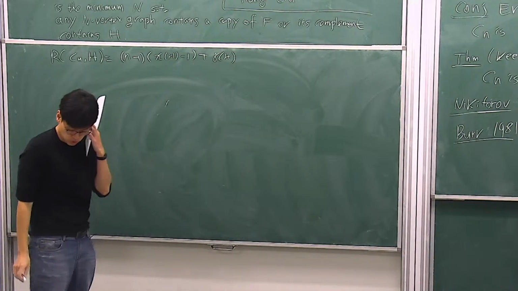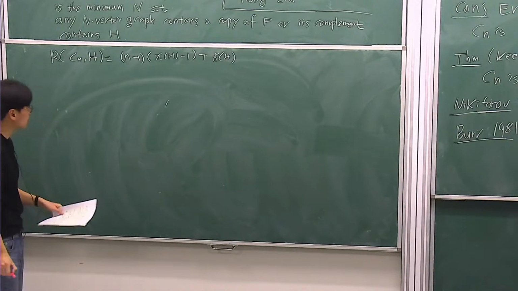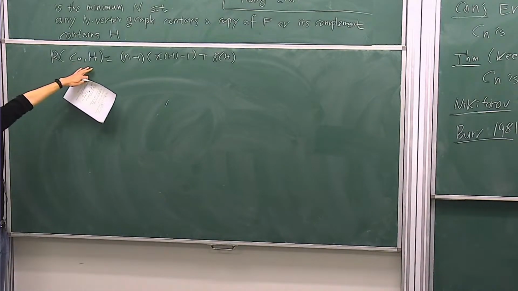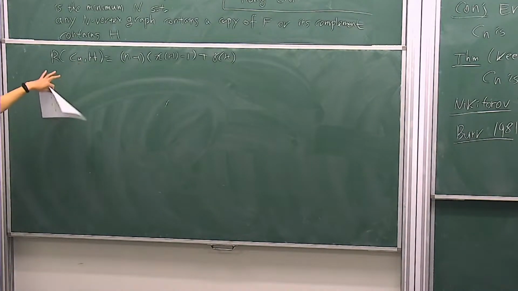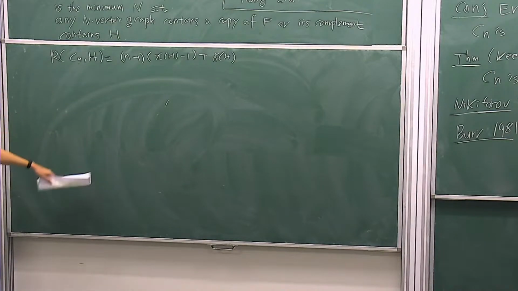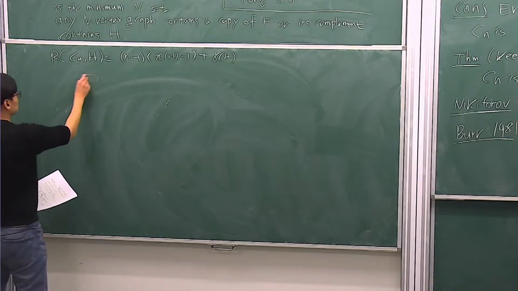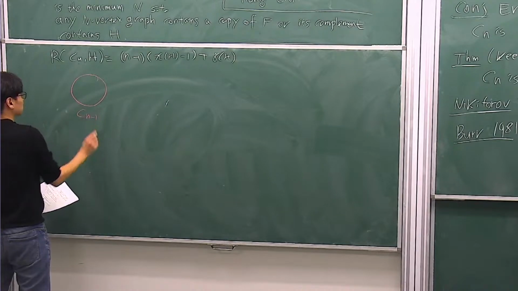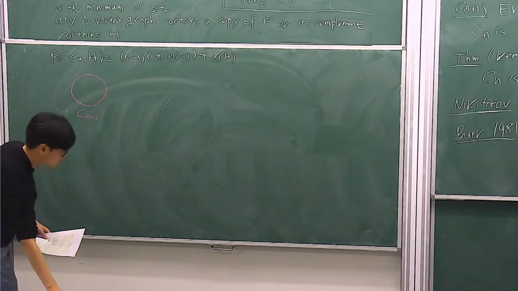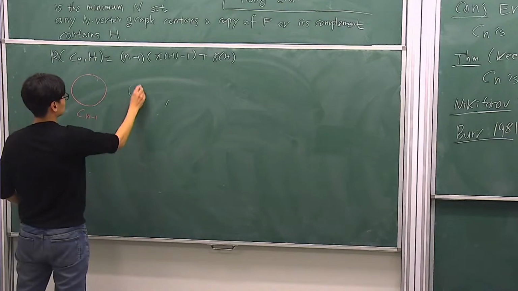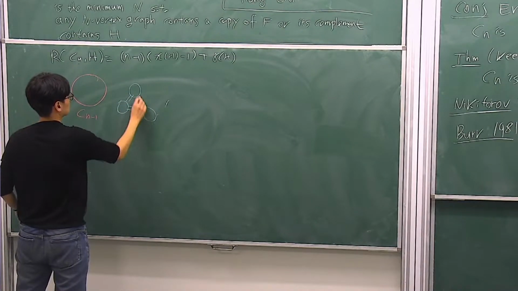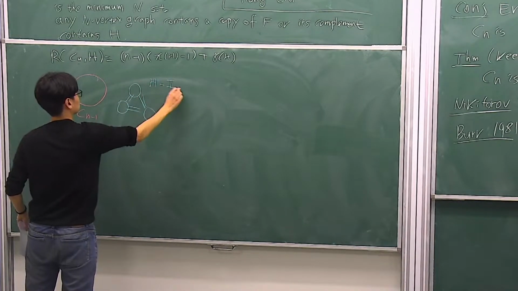This is what we want to show. Roughly, Burr's proof is by induction, so that you assume some lower case and then find either C_{n−1} as an H, or you have an H minus 1 independent set.